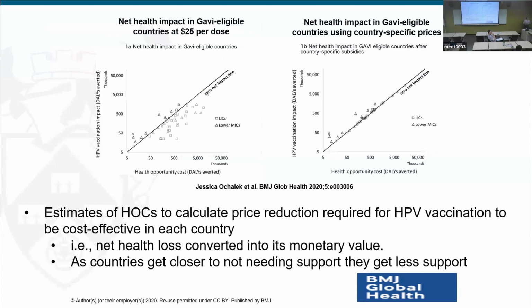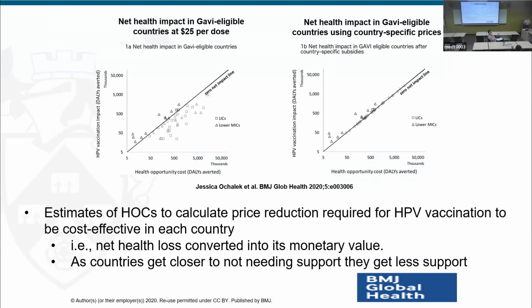And then we're able to calculate the price reduction required for HPV vaccination to be cost effective in each country by calculating the net health loss and converting it into its monetary value. And so that would just bring each country's marker where it's generating a net health loss up to that zero net health impact line.